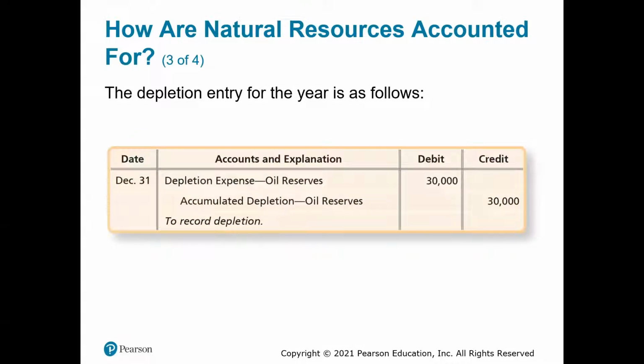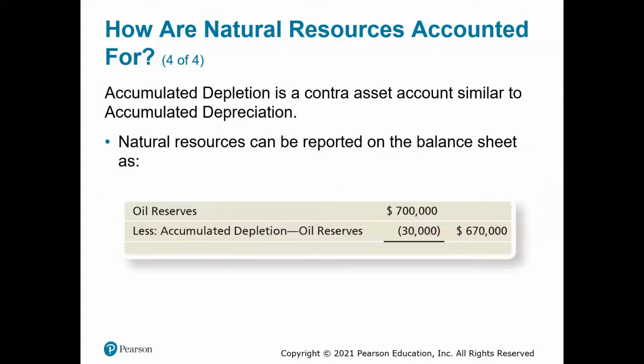The depletion entry for the year debits depletion expense and credits accumulated depletion, oil reserves, for $30,000. Accumulated depletion is a contra asset account.